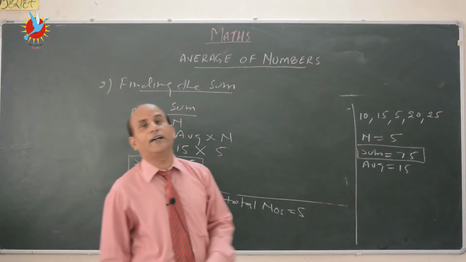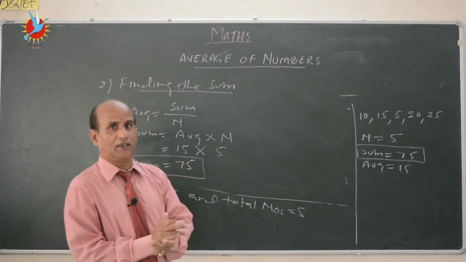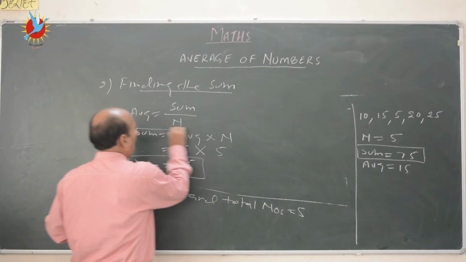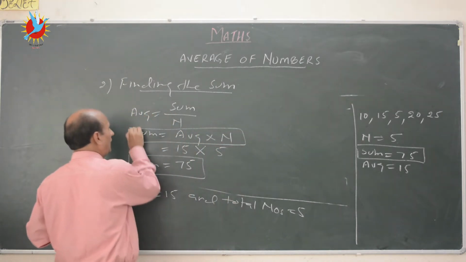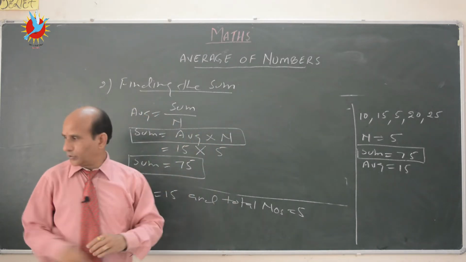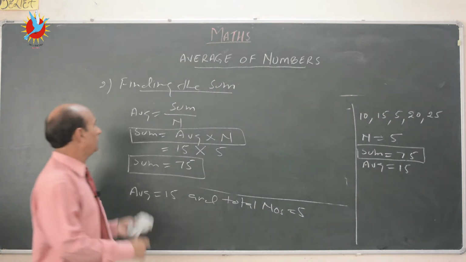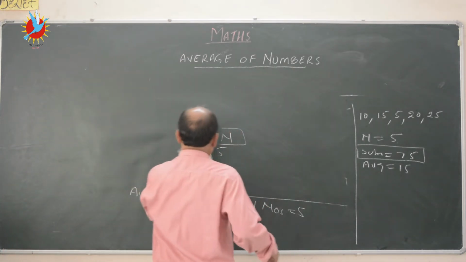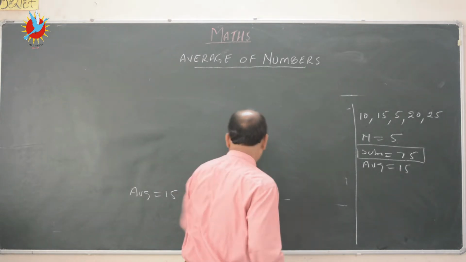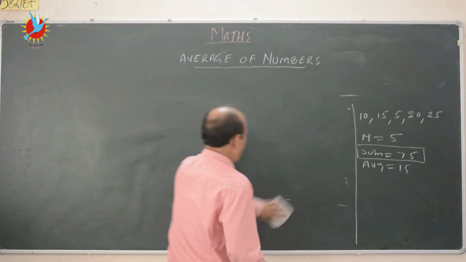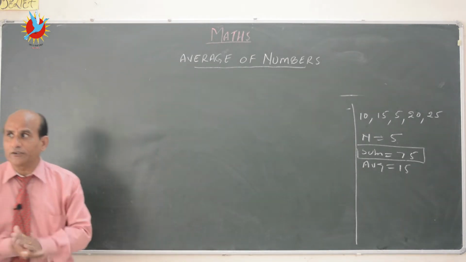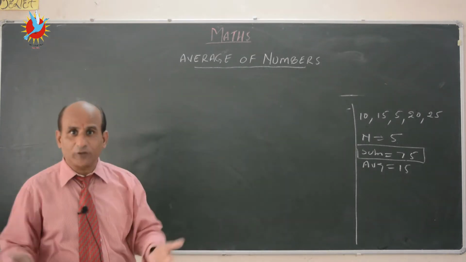So if you want to find the sum of the height of the whole class, then you can use this formula, sum is equal to average multiplied by total numbers. Now the third form is, if we want to find the value of n. N means the total numbers, the total students of a class, the total sides of a figure.